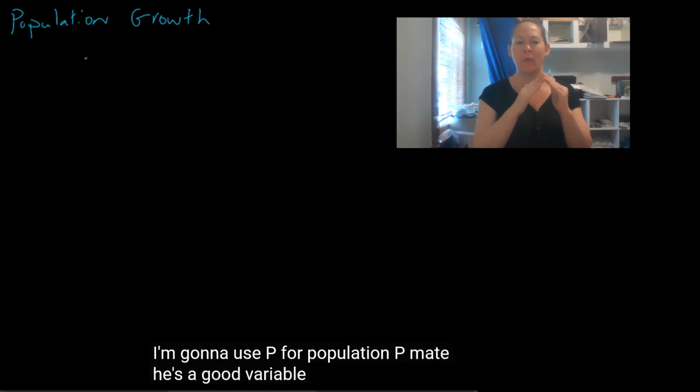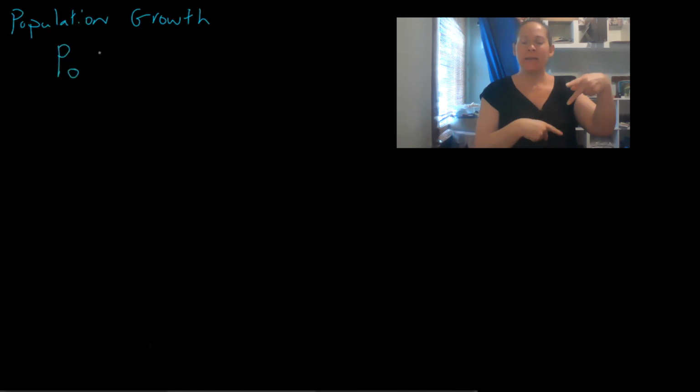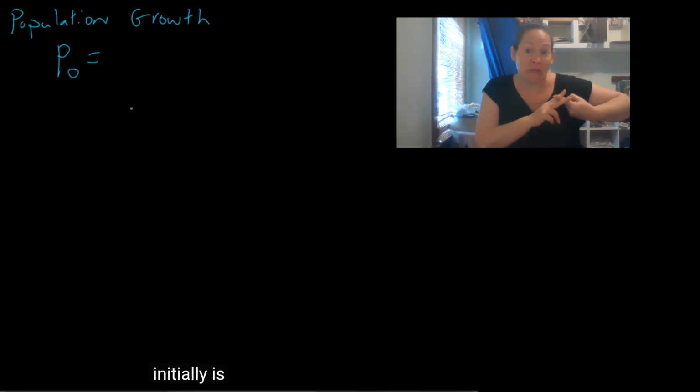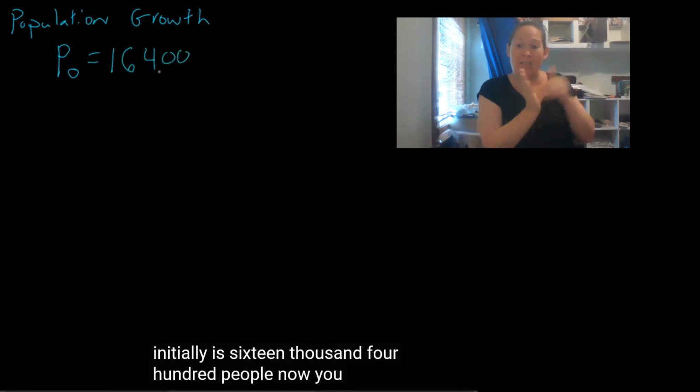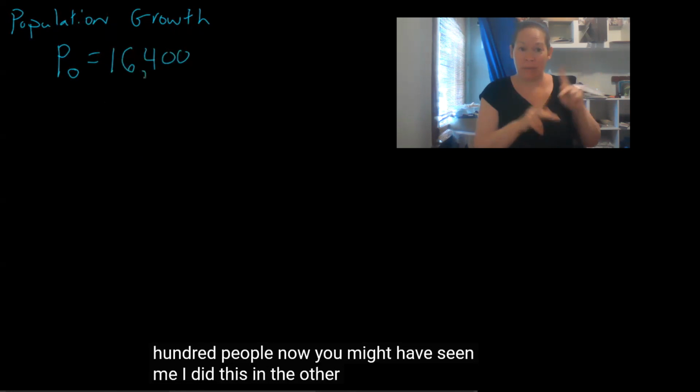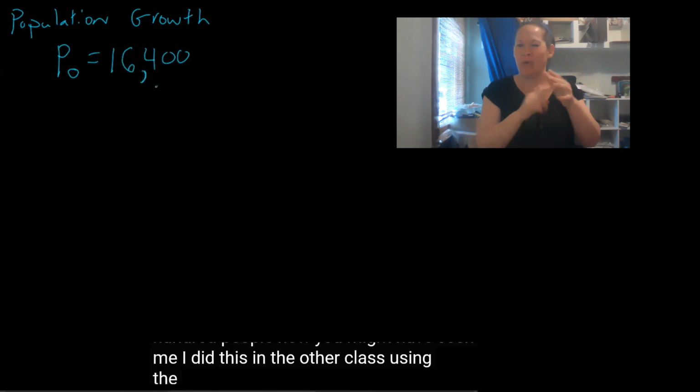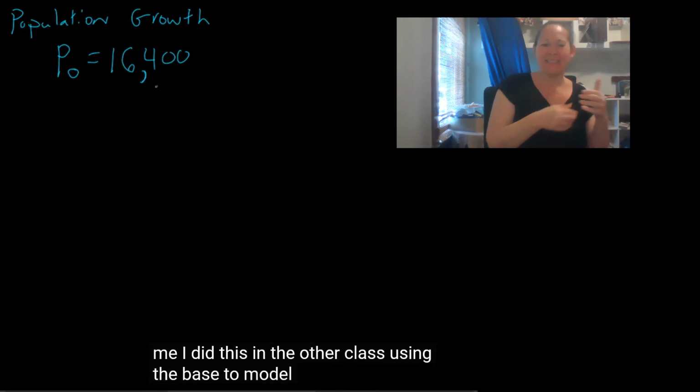P is a good variable for population. Initially is 16,400 people.